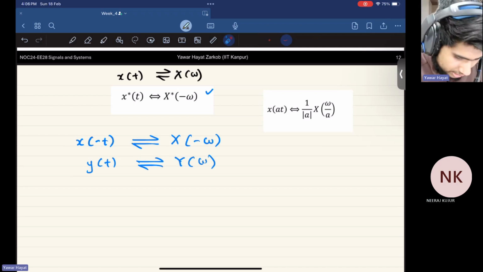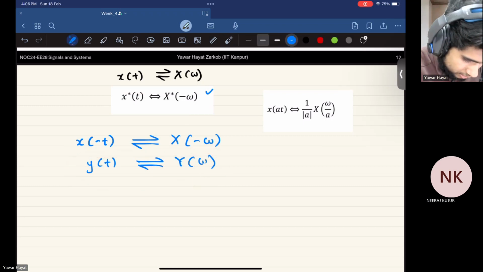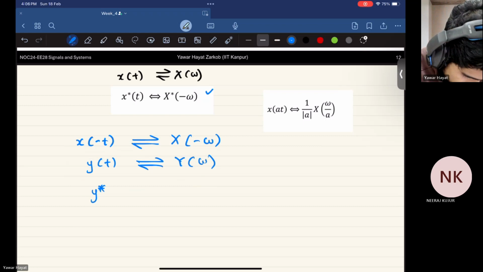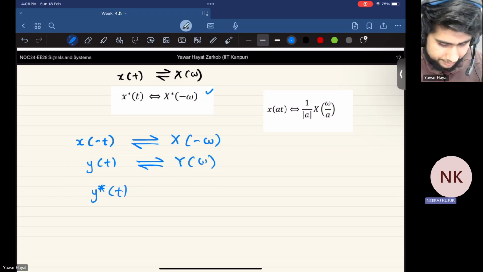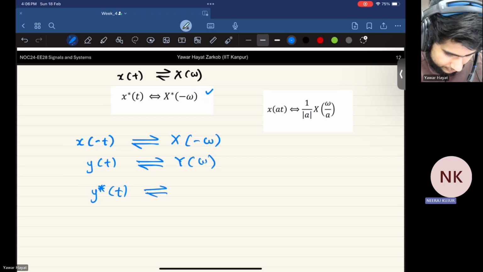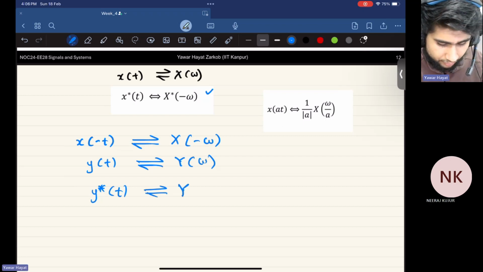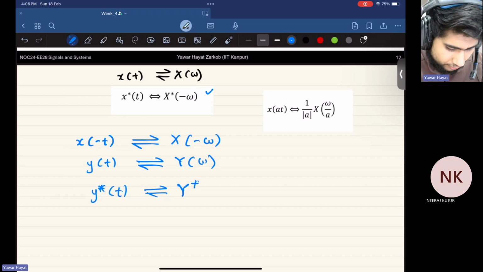Now use this property on this one. What should be conjugated y of t? So, conjugate of x minus omega would be conjugate of y of minus omega.